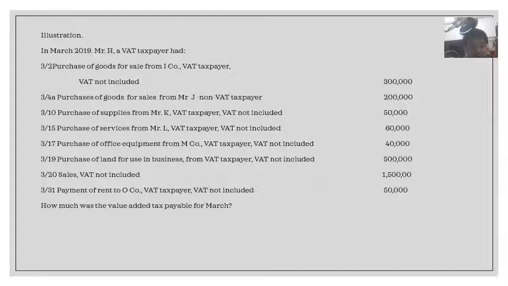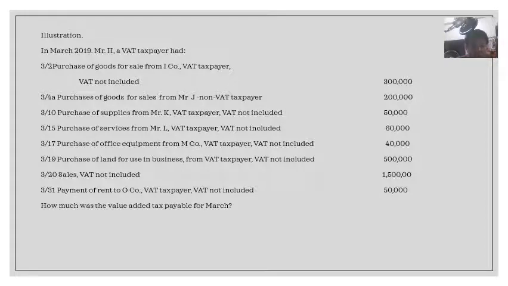And then, wala naman na siyang downward adjustment. So, ang output tax lang natin is 1.5 million times 12%, it is 180,000. So, tingnan natin yung mga purchases niya kung subject to VAT. Kung subject to VAT, isasama natin sa 12%.